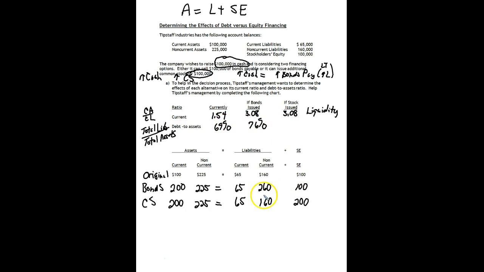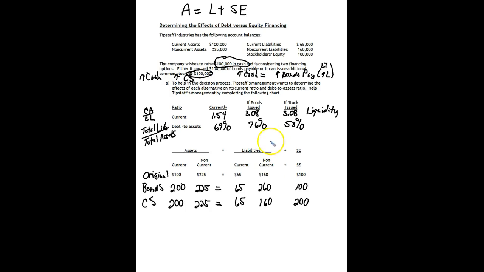If we issue stock, we did not change our liabilities. Those will stay at the 65 and 160, so I add those together, divide by 425, and we actually will see a drop, 53%. So if I finance with equity, then my percentage of debt will go down.